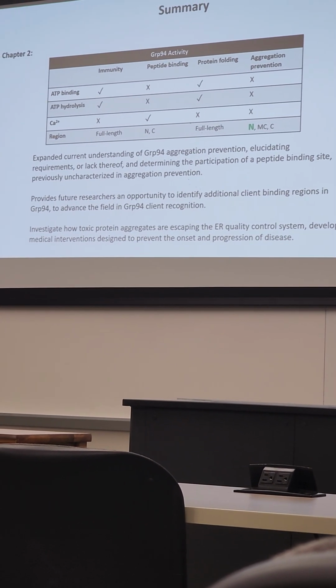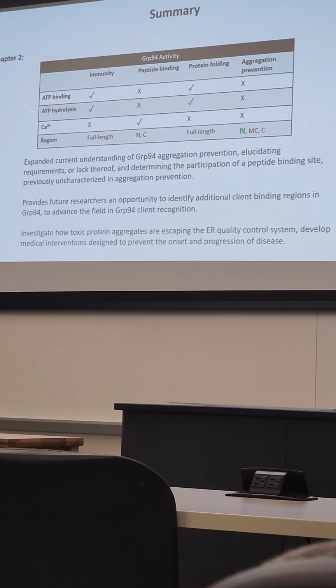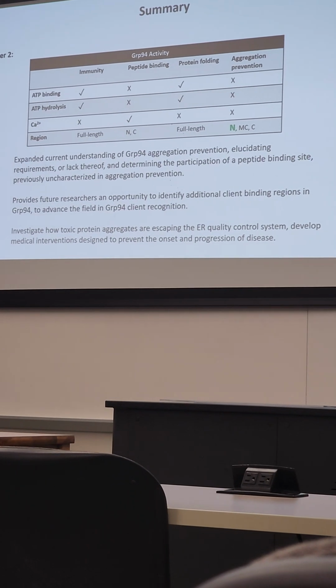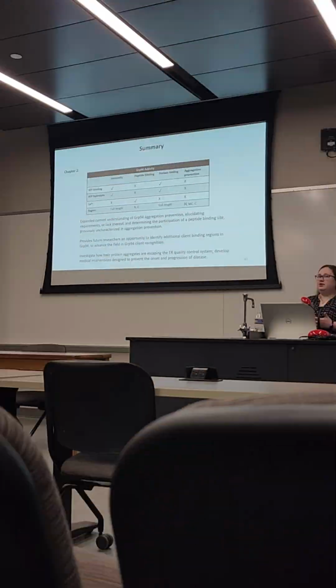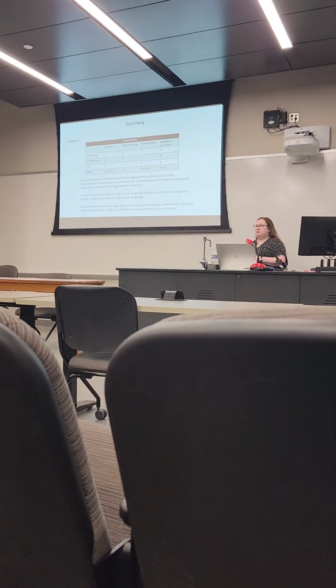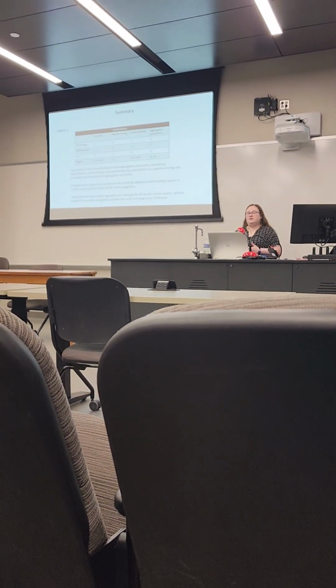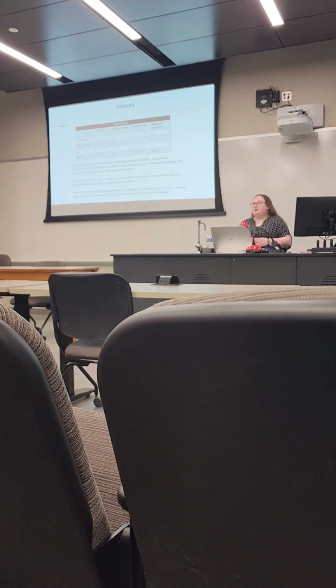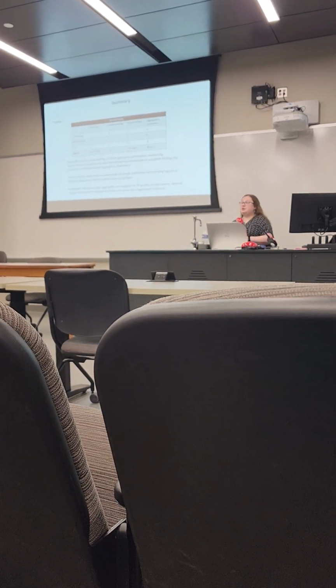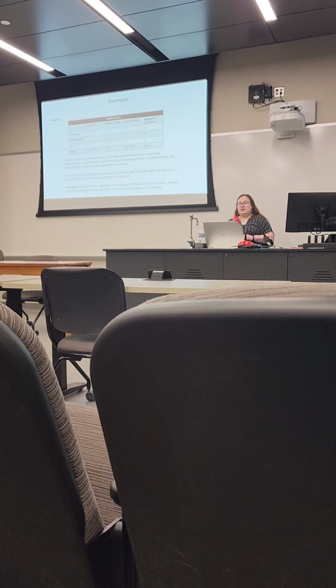So as a summary of my work here, in chapter 2, the data presented is going to expand the current knowledge of GRP94 aggregation prevention. We elucidated requirements, or a lack thereof, for aggregation prevention, and determined the participation of a peptide binding site.